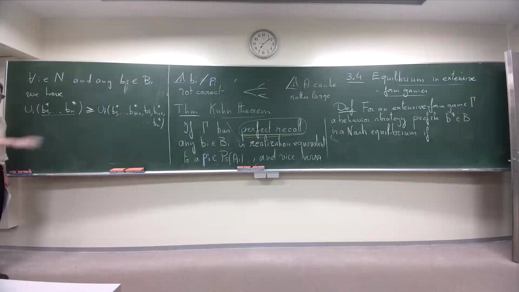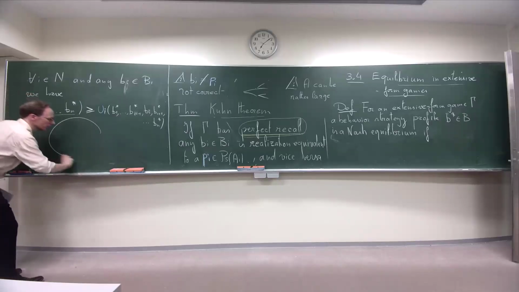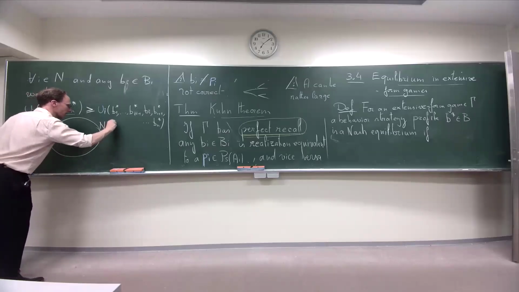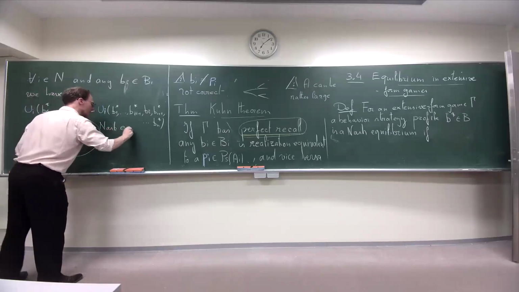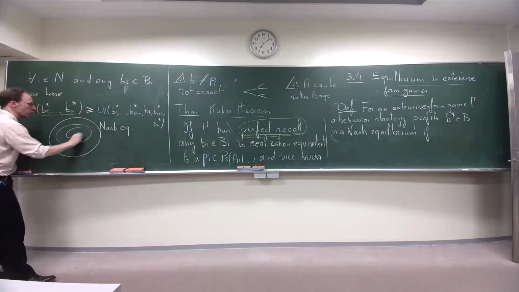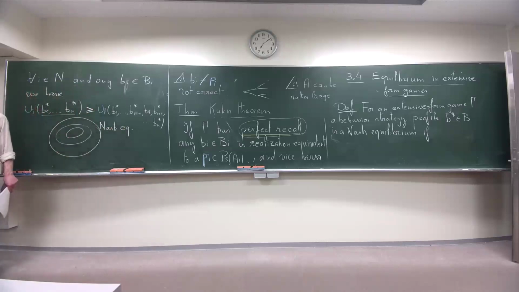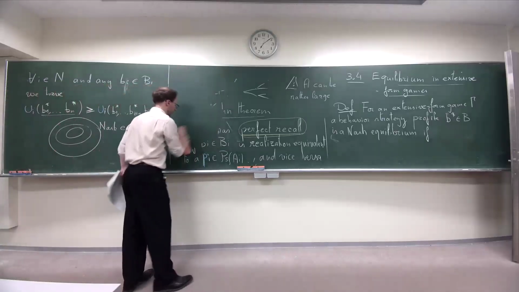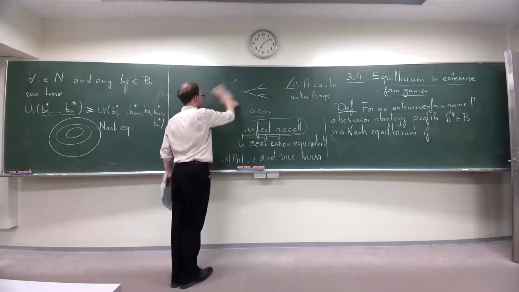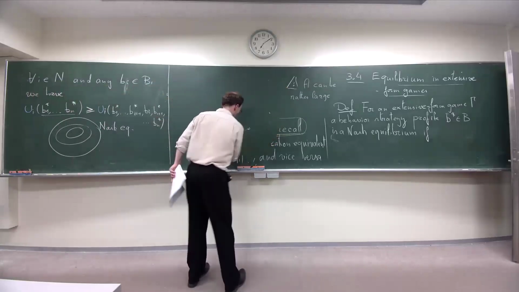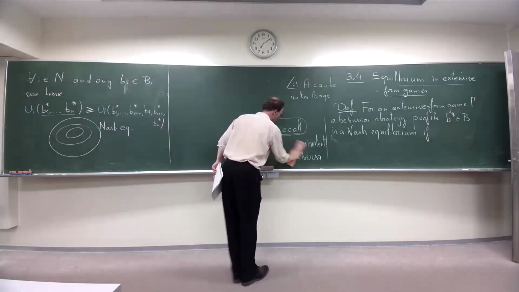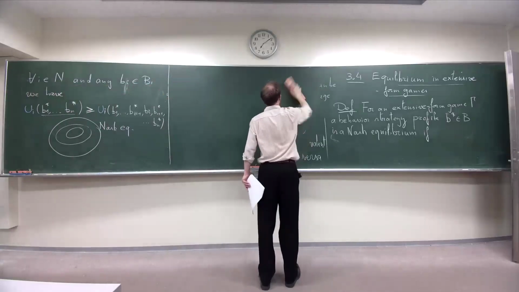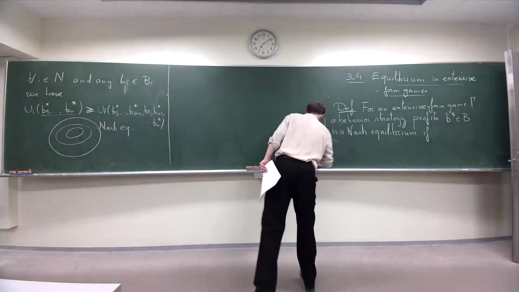This is very static. It gives you the set of all Nash equilibria. But in fact, we will look at a smaller set inside because they are better. But these points which are Nash equilibria give you the best payoff in a very precise sense.